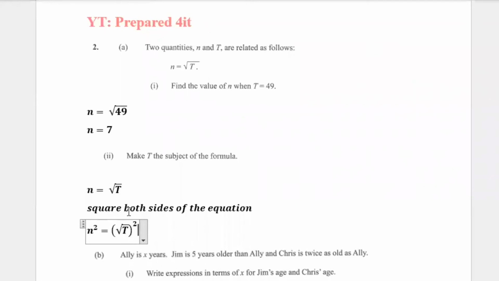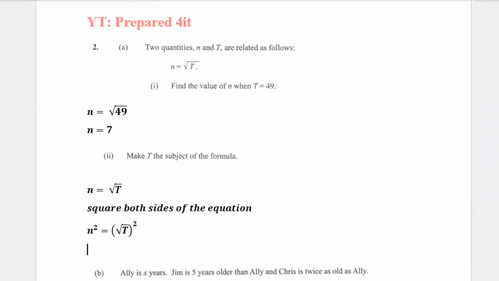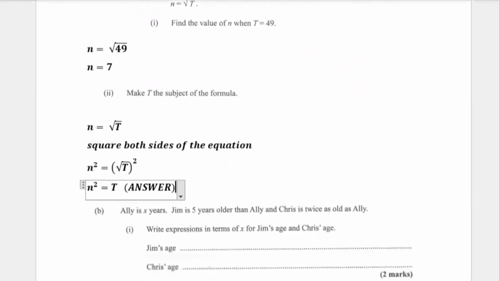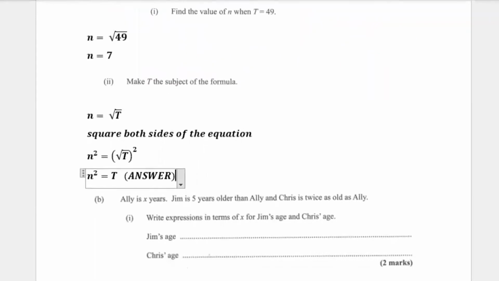The square will be cancelled out with the square root, and therefore in making t the subject of the formula, we'll have n squared is equal to t, and this is our answer. So t is equal to n squared. Very good, Selena. This is our final answer in making t the subject of the formula.